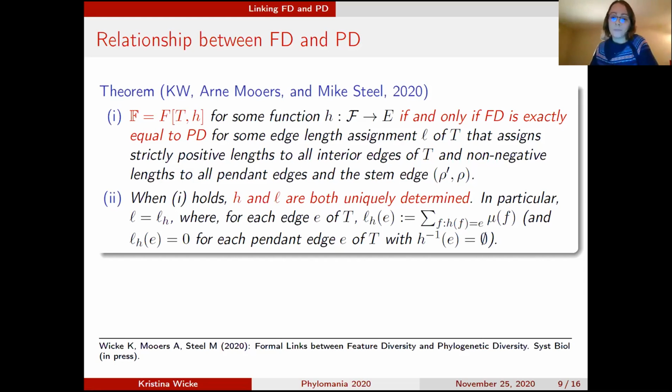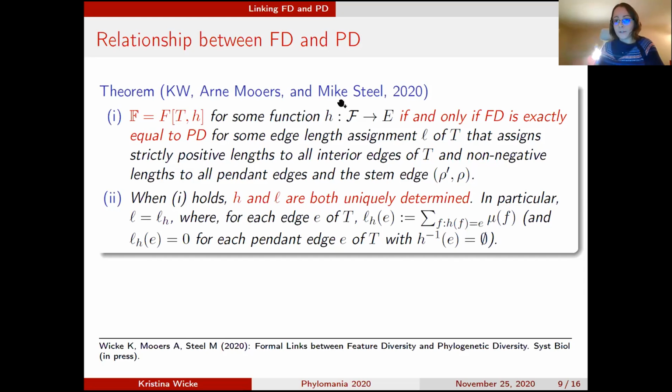Okay, nevertheless, with that we could formalize the connection between FD and PD, but as I said in the beginning, we're not only interested in measuring biodiversity, we're also interested in assessing the importance of certain species to diversity, for example, to rank them for prioritization.